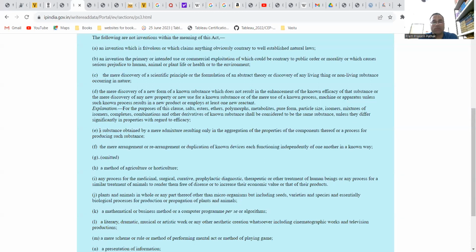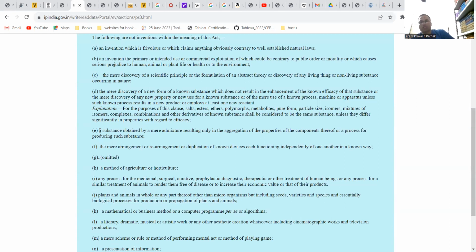Meaning, if I have a compound A and a compound B, and I'm just mixing them together, like salt and sugar, there is nothing new formed. They are not combining together to form something new. So that is called a mere admixture, or a process of preparing the admixture. This is just aggregation.